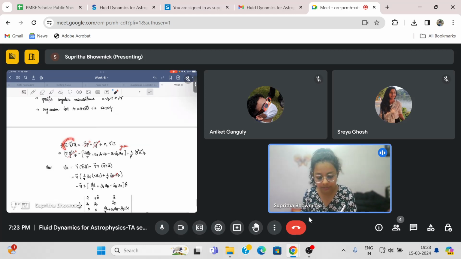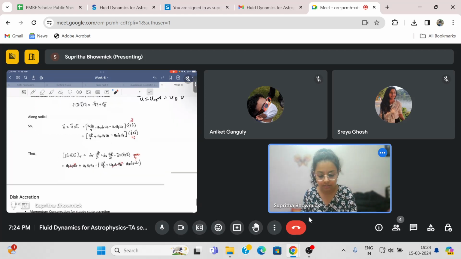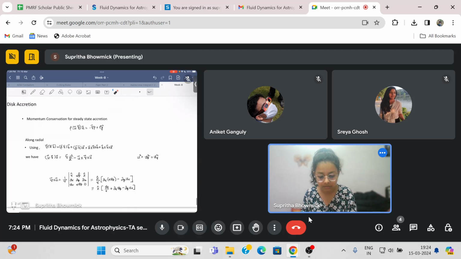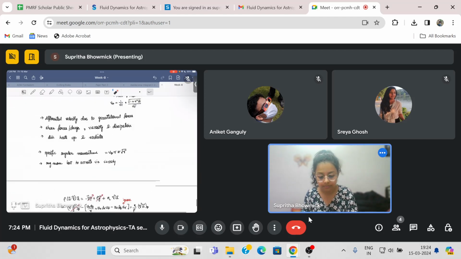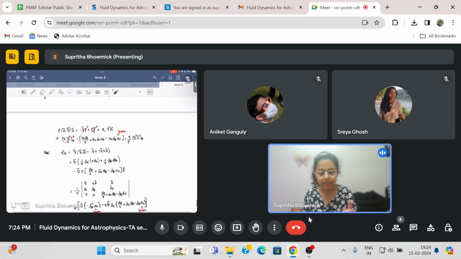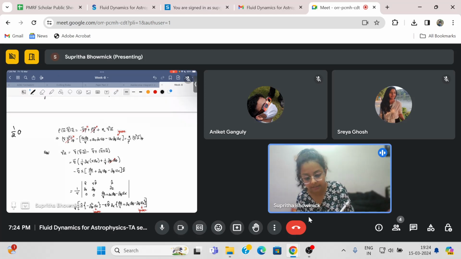Now, we will use the previous identity and substitute for u dot grad u. This is the identity. We substitute this in our equation and we look at the theta component. The theta component of grad of u square by 2 is going to look like del theta of u theta square plus ur square, right?